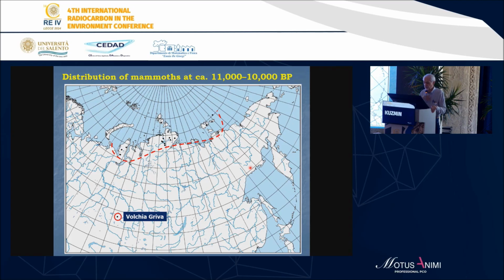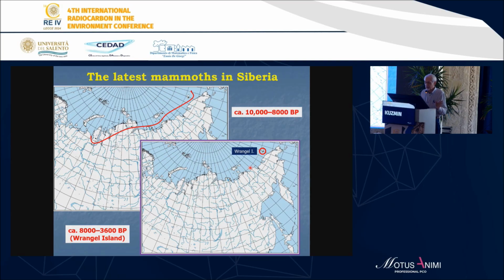But in the rest, forest arrived and bogs, and that's no mammoth habitat, no dry grasslands. So the last stages of mammoth existence, from 10,000 to 8,000, were in the very high north, a few in the mainland but mostly on the islands. And that's the last stand of mammoths, well known on Wrangel Island in the high Arctic until 3600 BP.